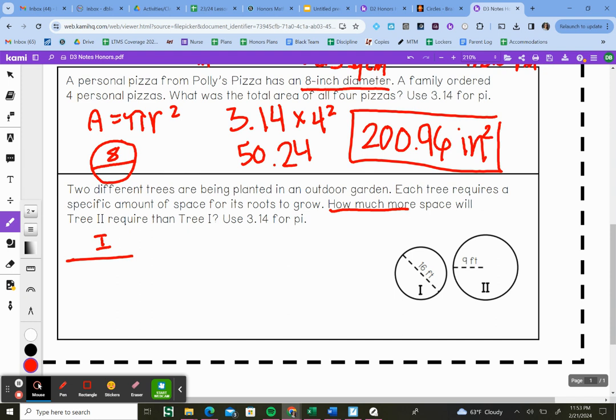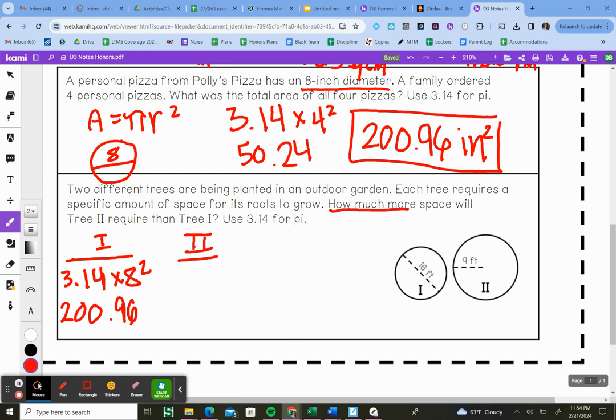Tree 1, tree 2. All right, tree 1, the radius would be 8. So I'm going to do 3.14 times 8 squared. So that would be 3.14 times 64. 200.96, just like the last problem.